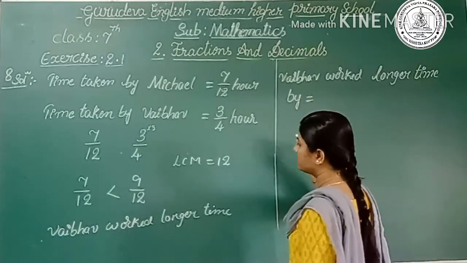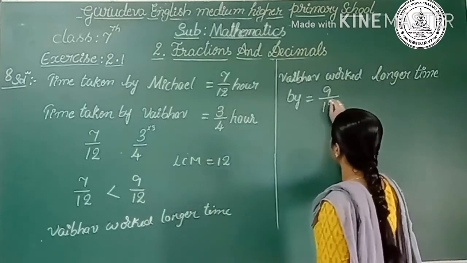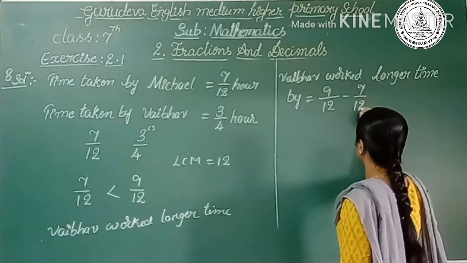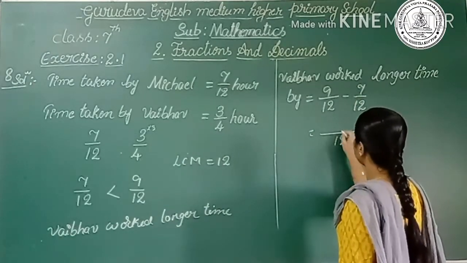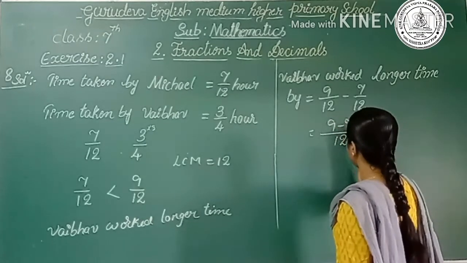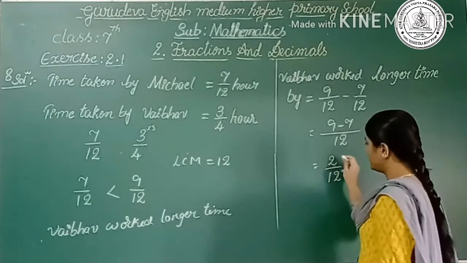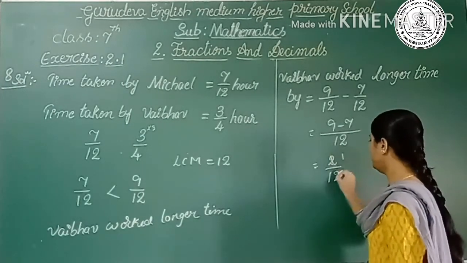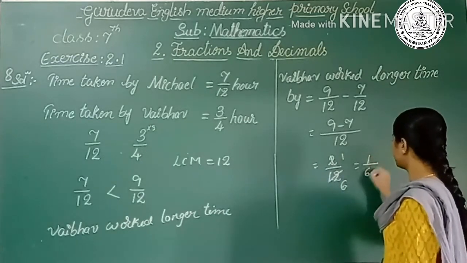Which is equal to, subtract here: 9 by 12 hours minus 7 by 12 hours. Both the denominators are the same here, so subtract the numerators, 9 minus 7, which is equal to 2 by 12. So it is not in the reduced form or simplest form. Just convert it into simplest form, 1 by 6, which is equal to 1 by 6 hours.